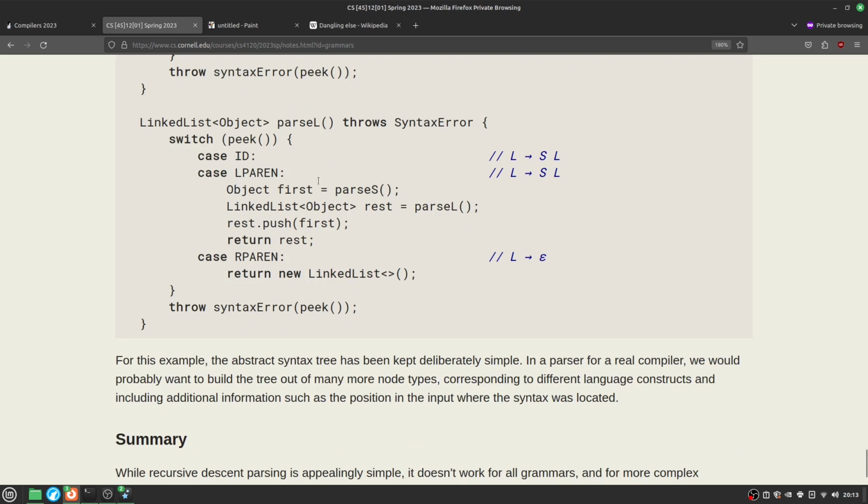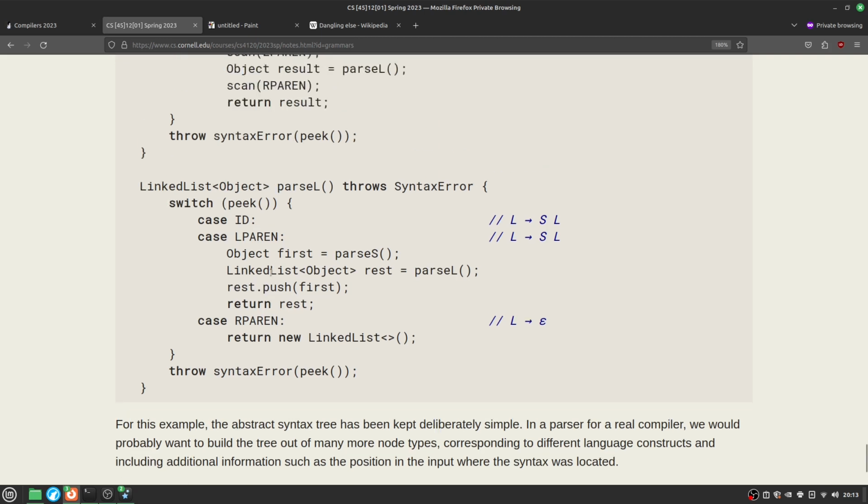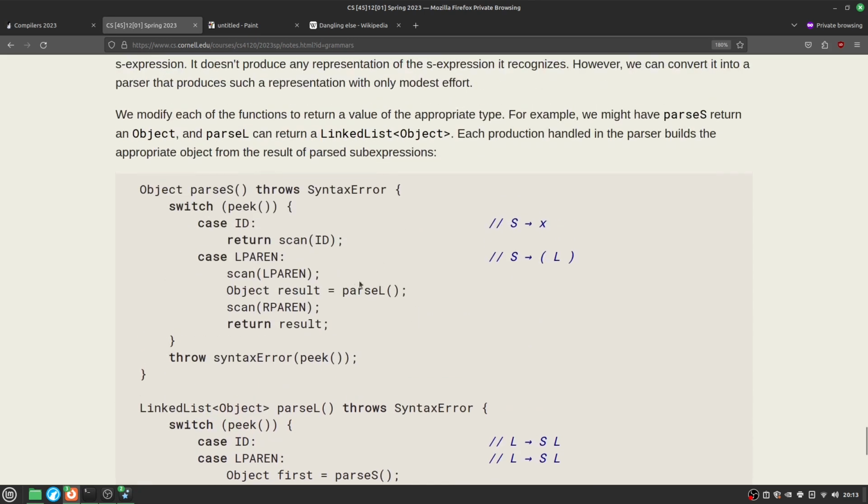So object first equals parse S, the rest equals parse L, and we return the whole thing. That goes back into parse S, and then we return the result from parse S.